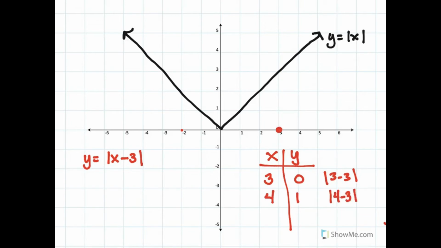So when I get to 4, I have the point 4, 1. What about 2? 2 minus 3 is negative 1, but the absolute value of negative 1 is positive 1. So I have the point 2, 1. And that makes a V here. I have my V shape just like before, only shifted to the right 3 units.